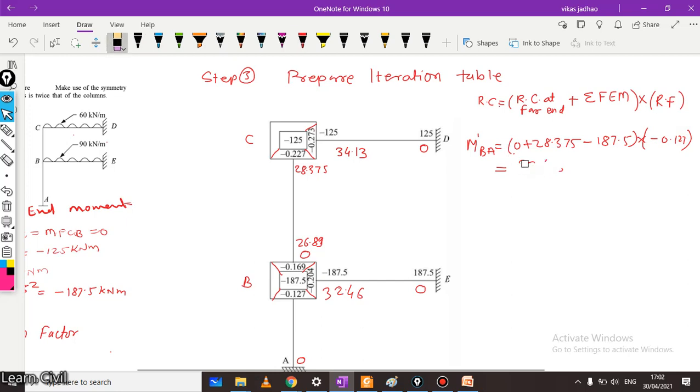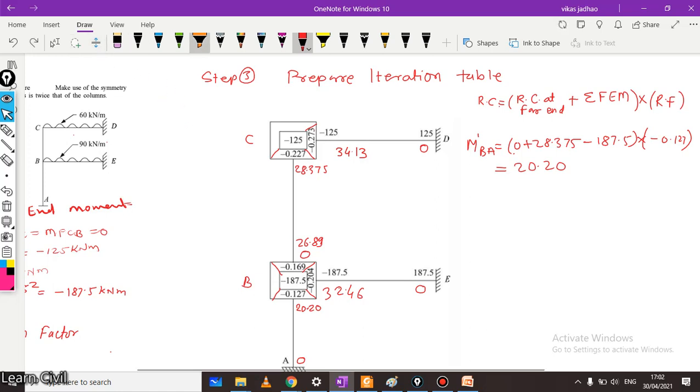So we get this value for M dash BA, which will be equal to 20.20. Just write down this value here. This is how cycle 1 is completed.